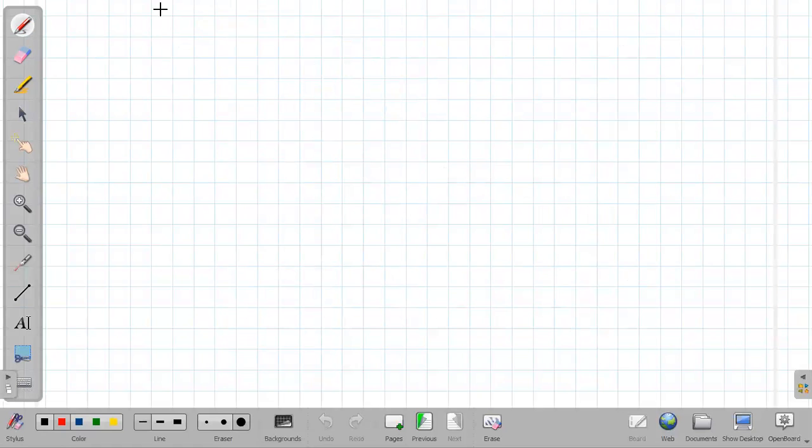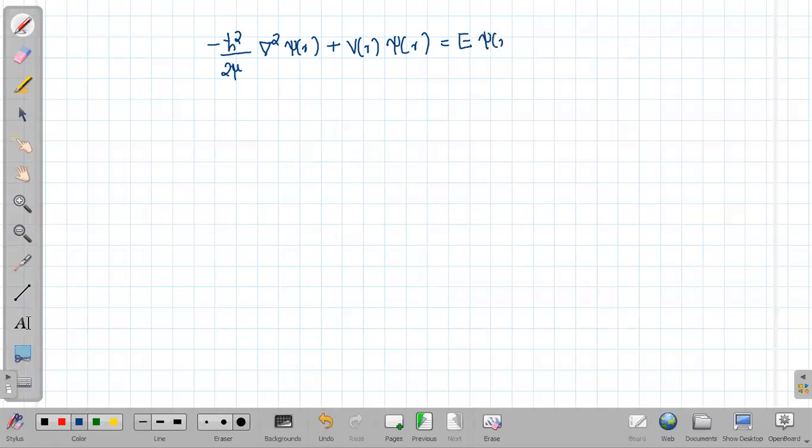Okay, so today we can start with the Schrodinger equation for scattering. So the Schrodinger equation for scattering can be written as a single particle problem, using the reduced mass. So minus h bar square by 2 mu del square psi of r plus V of r psi of r equal to E psi of r.